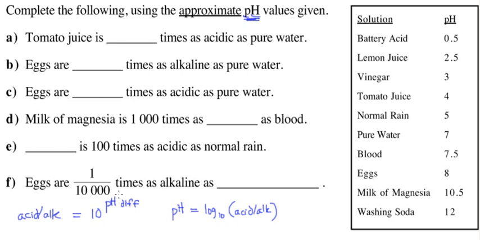Now, there's one more thing that you need to know to work with the pH scale, and that is that you can use it in two different directions. If something is more acid, if it contains more hydrogen, then the pH will be lower, which is a little weird.